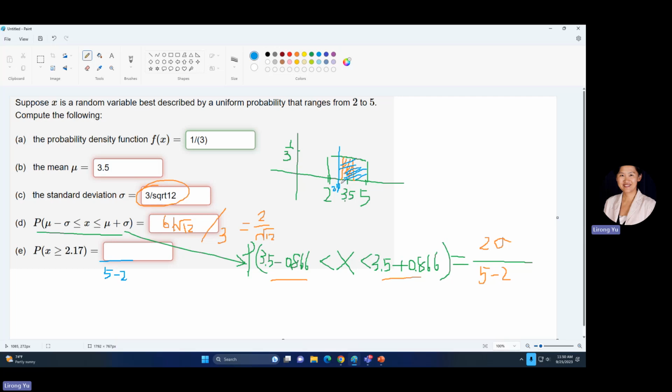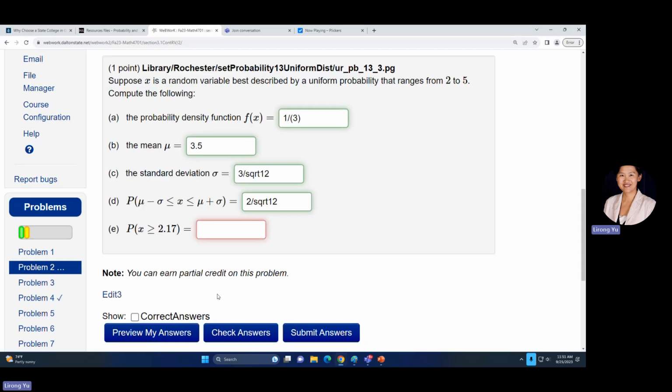The numerator is the upper bound minus the lower bound, so 5 minus 2.17. That's all we need to calculate there. It's a subtraction. So for the last one, divided by 3, and here we go 5 minus 2.17.